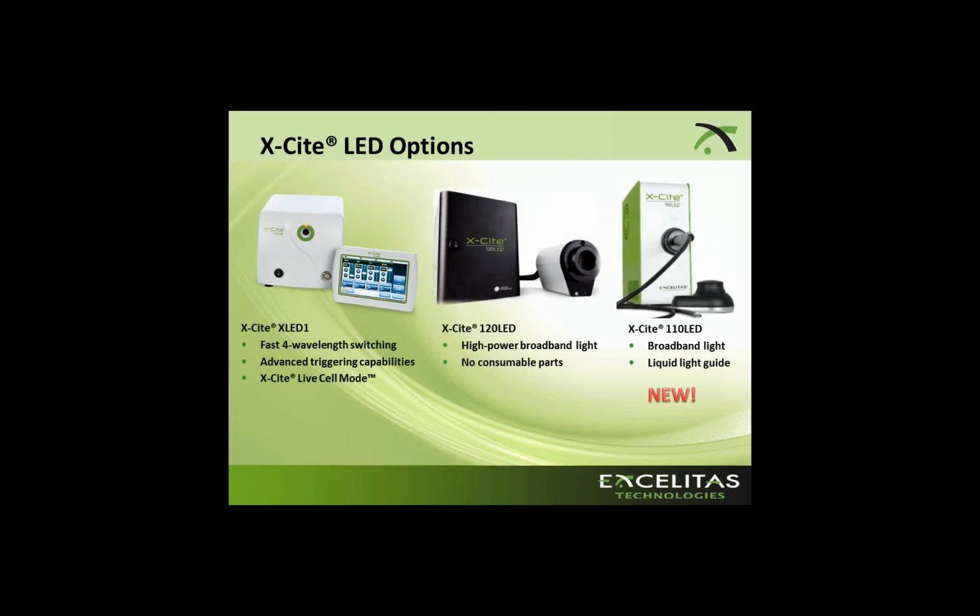Okay, so when I was talking about the different LED options, I said that you have the white light versions, which is basically select LEDs that are put together to produce a white light spectrum. And as I mentioned, with some there are no consumable parts, as in this one, whereas with some there are consumables, which is the light guide.